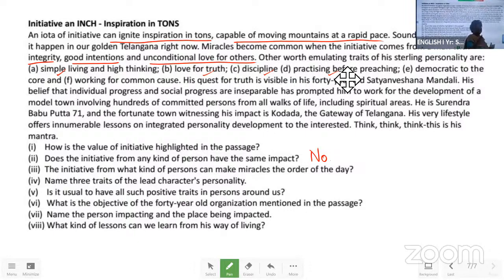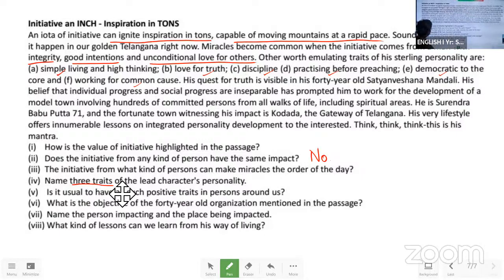Just preaching is not enough. What you preach, you have to practice. Democratic to the core, working for common cause. There are 6, and here they have asked only for 3 traits. So you can write any 3 which you feel is more important.